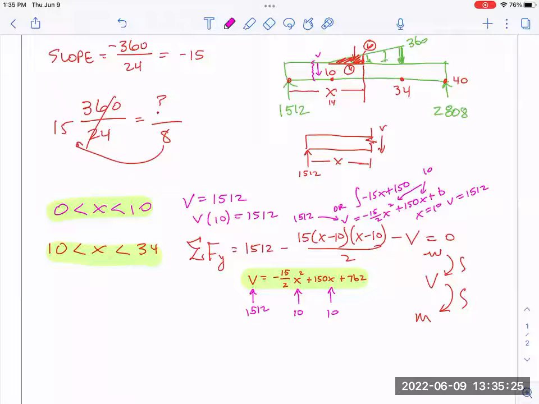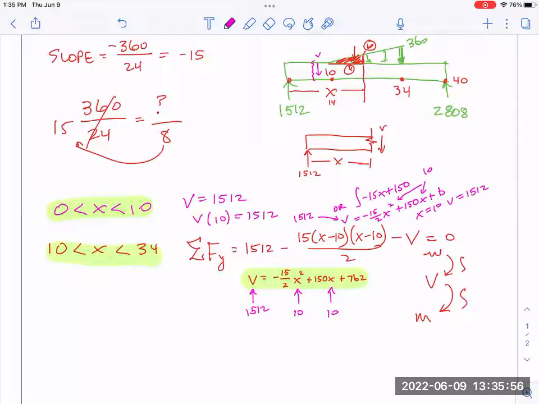Because it's negative 15 over 2 x squared, so the x squared is positive, so you have 100 times 7.5, so that'd be negative 750. And then you're going to add that to 1512, so you'd have 1512 plus 750. And then you'd be subtracting 1500 from that. No, it's positive. So I got negative 750 and positive 750.